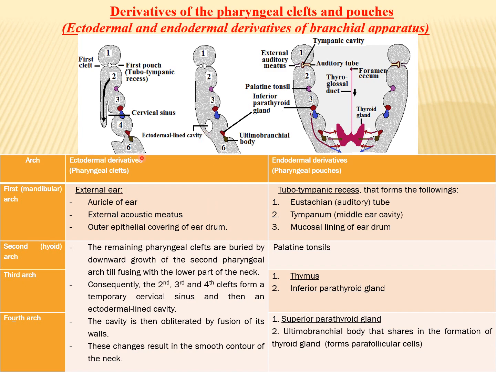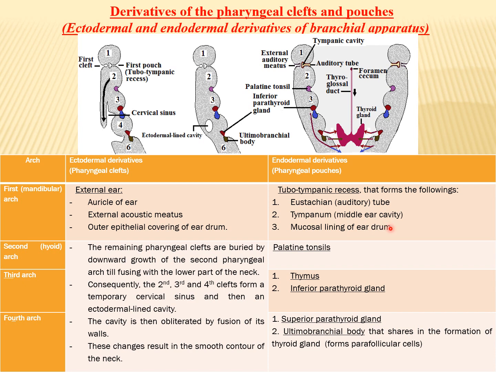These are the derivatives of the pharyngeal clefts. Here are the derivatives of the pharyngeal pouches. As we said, the first pouch gives rise to the eustachian tube, the middle ear cavity or tympanic cavity, and the mucosa of the eardrum, or inner layer of the eardrum.